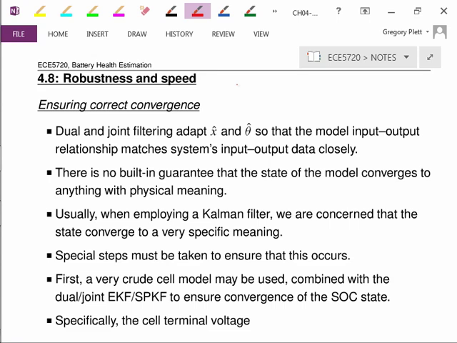So robustness is a concern. Can I guarantee that the method is going to converge to something, some meaningful estimate?